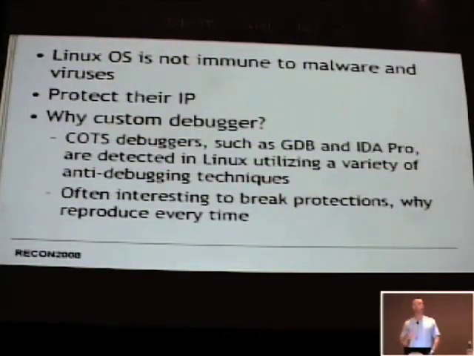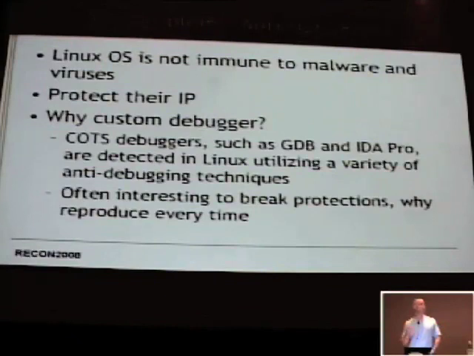But even after you get through the packing and start actually debugging it, they'll start catching you with some anti-debugging type tricks to cause you to maybe analyze code that you really are not interested in, like honeycode. And so with debuggers like GDB or IDA Pro that work for Linux, basically the way Ring 3 type debuggers like GDB work, these types of malware will embed code in there to utilize these debugging measures that GDB uses.